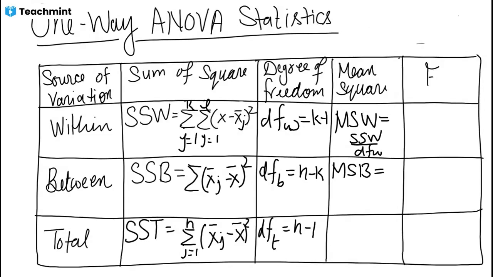And MSB, mean square for between, is equal to SSB over its degree of freedom, and F is equal to MSB over MSW.